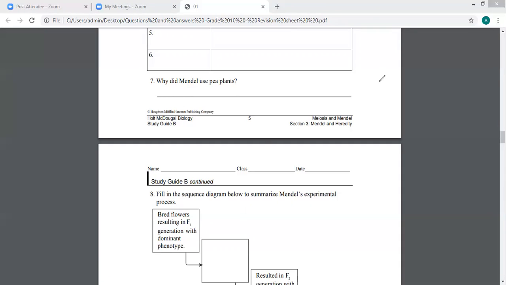It means they carry the male and female organs in the same flower, so it allows self-pollination and mixed pollination, and they have 7 pairs of contrasting traits. So he could control the mating. Clear? Okay.